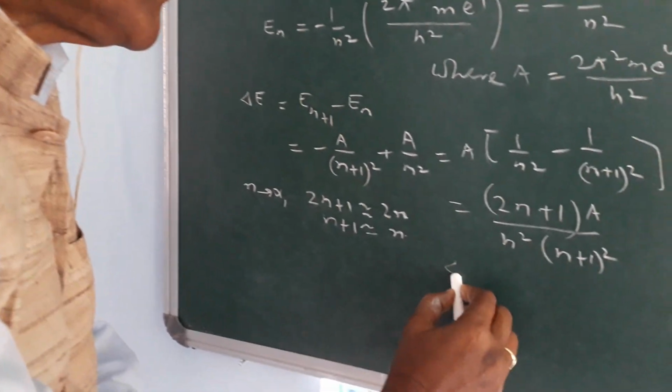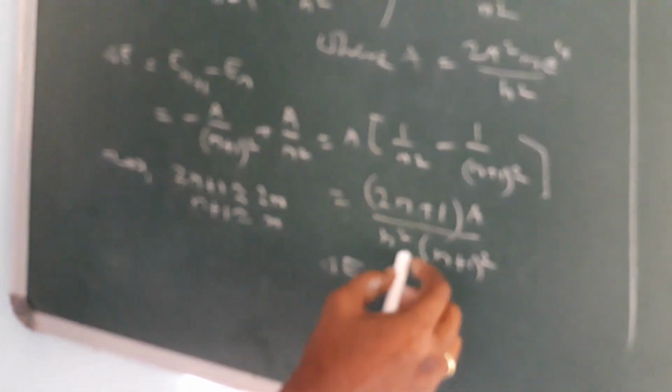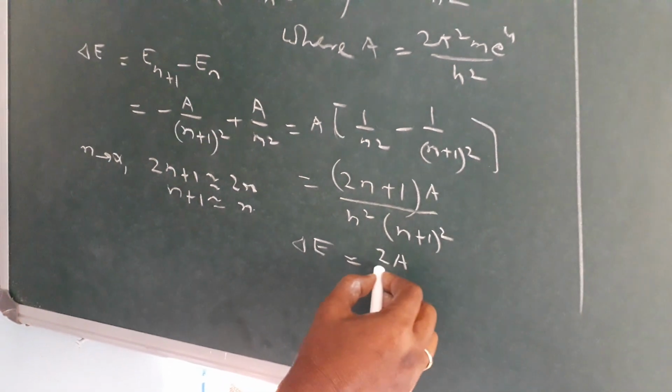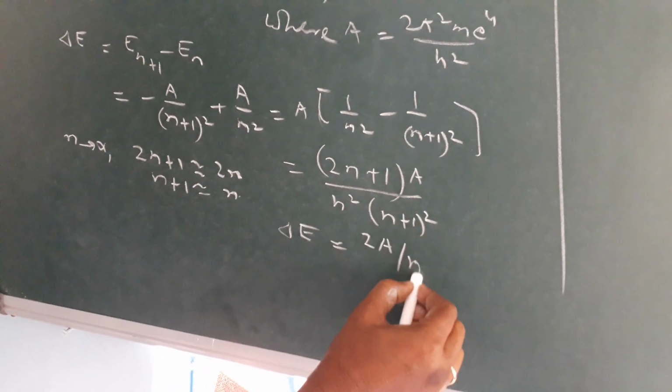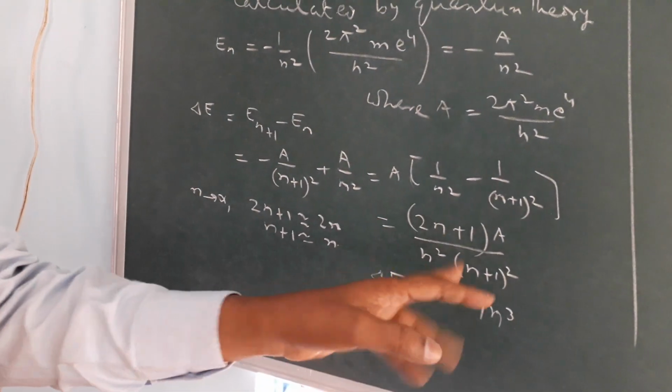In that case, delta E equals 2A divided by n cube. One n will be cancelled.